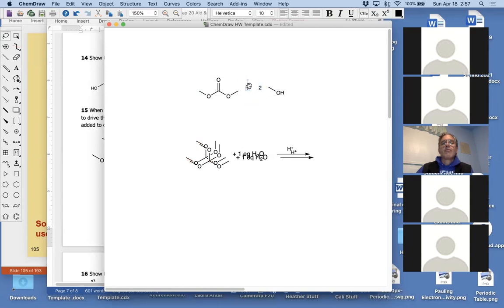So I have 2 steps where water is involved: there's one step where water attacks as a nucleophile, and another step where water deprotonates. Oh yeah, you can use the water as a proton transfer agent.